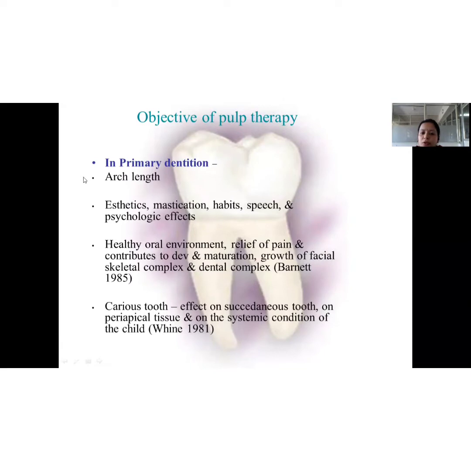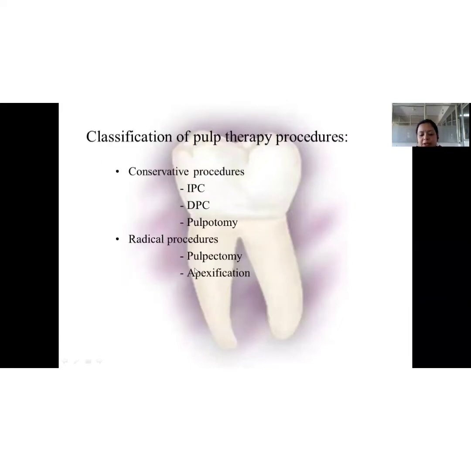So first of all, the main objective of pulp therapy is to maintain the arch line, then to maintain the function, to create a healthy oral environment, to relieve the pain, and to contribute to the development and maturation, growth of the facial skeletal complex.